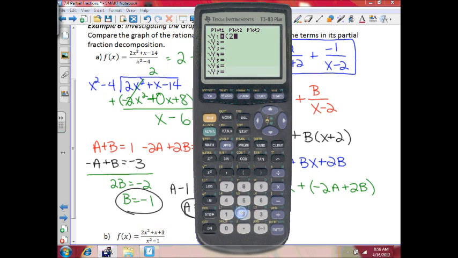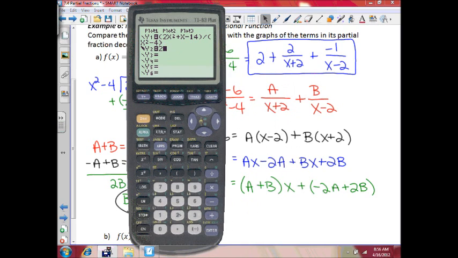You put in (2x squared plus x minus 14) divided by (x squared minus 4), and then, in bold, 2 plus 2 divided by (x plus 2) plus negative 1 divided by (x minus 2). As you can see, the bolded graph goes exactly over our original graph, so that tells you that the partial fraction decomposition and the original function are exactly the same.